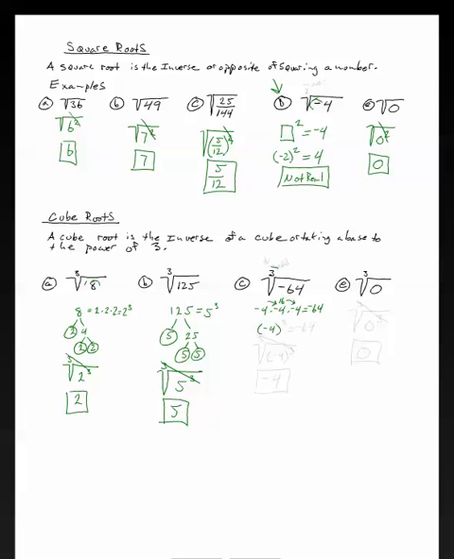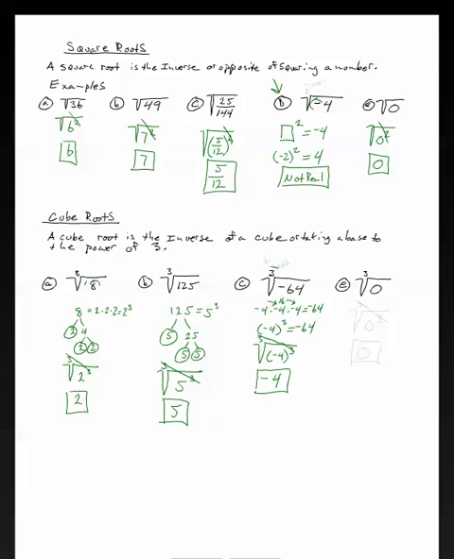So negative 4, in parentheses, to the power of 3 does give us negative 64. So there's an answer to this one. I can rewrite this as the cube root of negative 4 to the power of 3. And now the cube root and the power of 3 cancel, and that gives me negative 4.